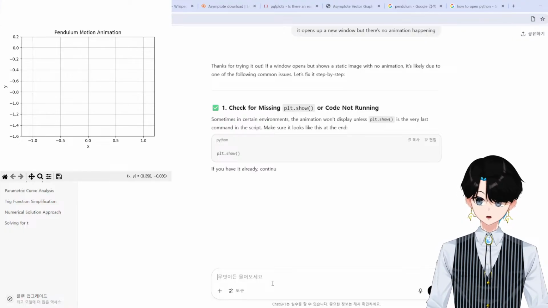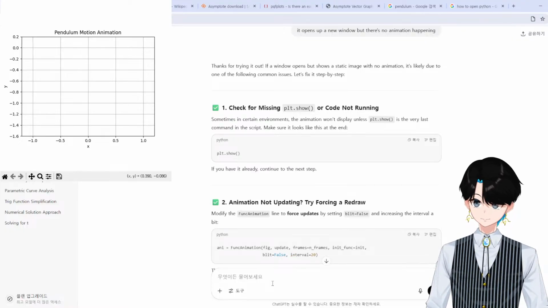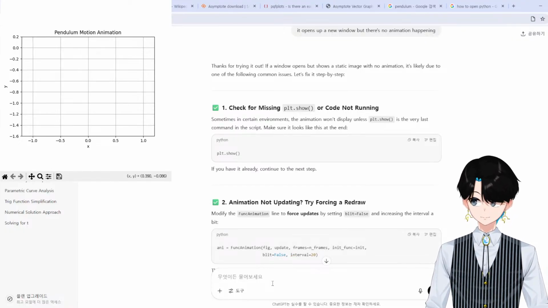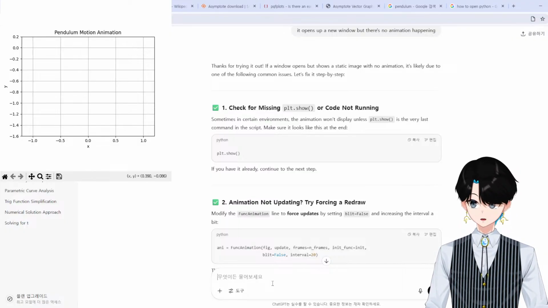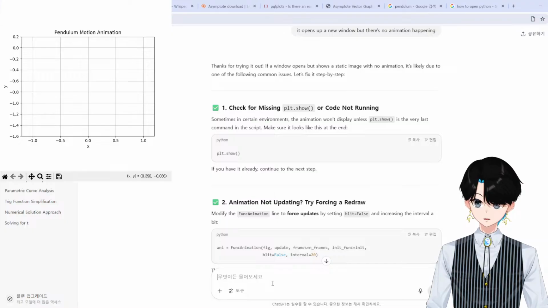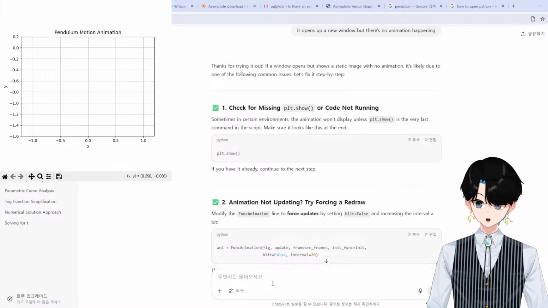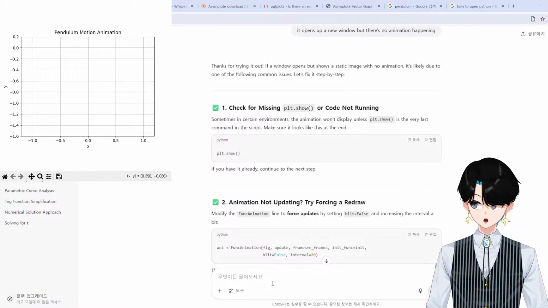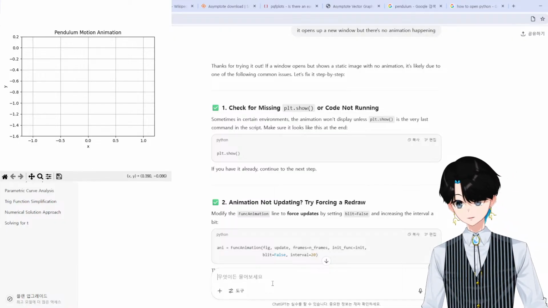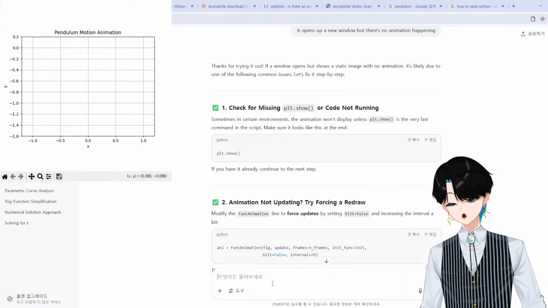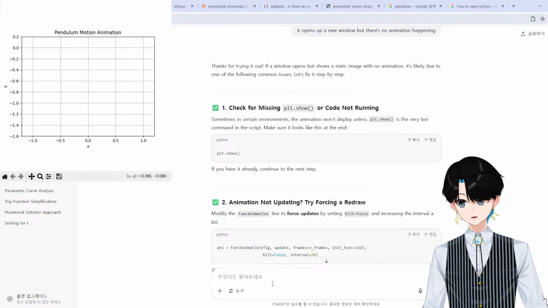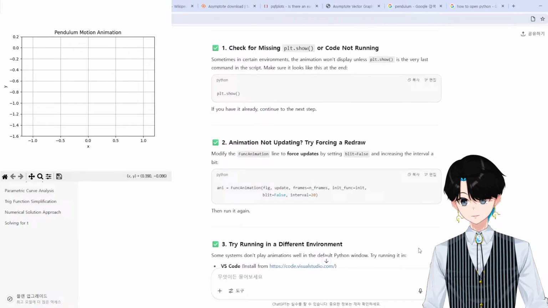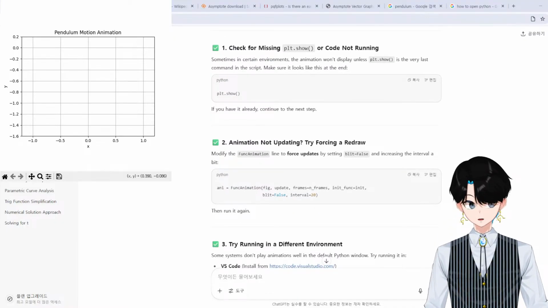Thanks for trying it out. If a window opens but shows a static image with no animation, it's likely due to one of the following common issues. Let's fix it step by step. Check for missing plt.show or code not running. Sometimes in certain environments, the animation won't display unless plt.show is the very last command in the script. Make sure it looks like this at the end, plt.show. If you have it already, continue to the next step. Do I have that?